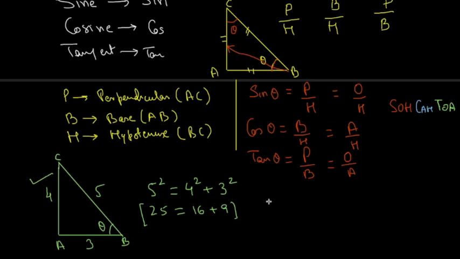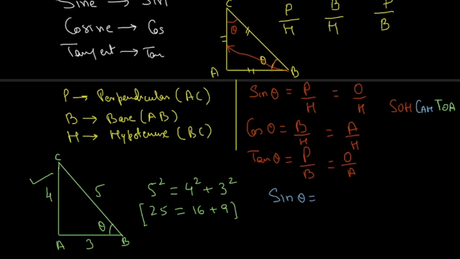So here, sine of theta is what? Sine of theta is perpendicular over hypotenuse. So here in our case it is going to be 3 over 5. What am I doing?